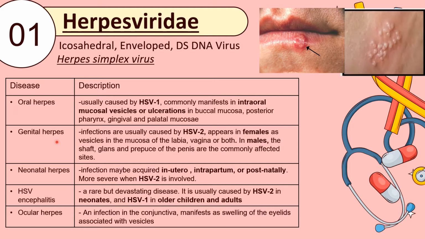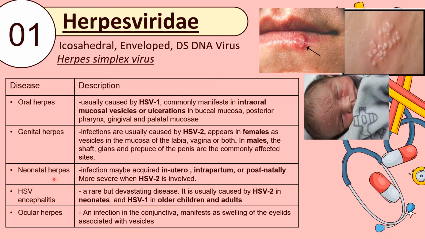Your neonatal herpes usually are infections acquired in utero, intrapartum, or postnatally, but it may be caused by both HSV1 and HSV2. But if it is caused by your herpes simplex virus type 2, it is more likely to be severe. Next is your HSV encephalitis.